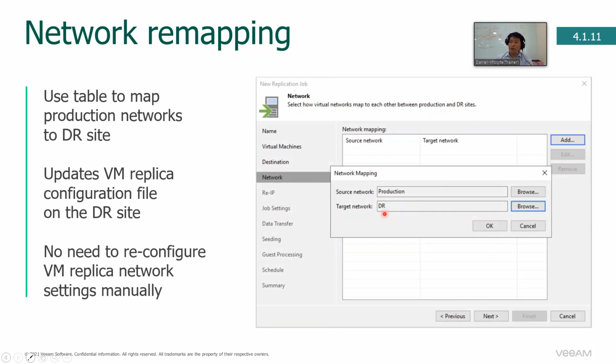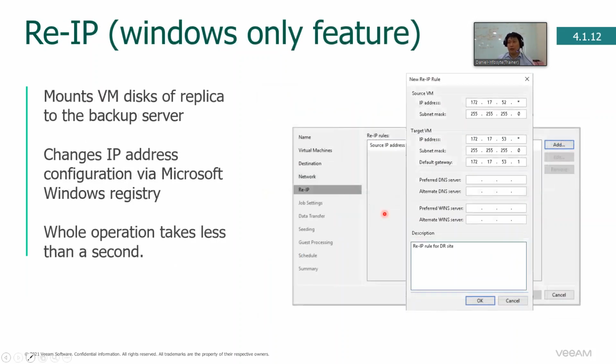After you have your virtual machine connected to the correct network, another thing will be the IP address. If you are replicating a virtual machine running on a Microsoft Windows operating system, you will see this re-IP is a Windows-only feature. I can change the IP that you had earlier in your original VM to the new IP here to match your DR data center.